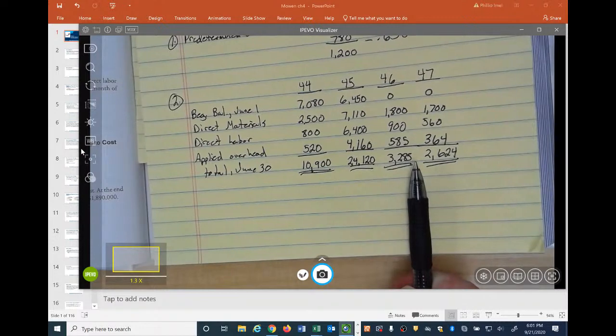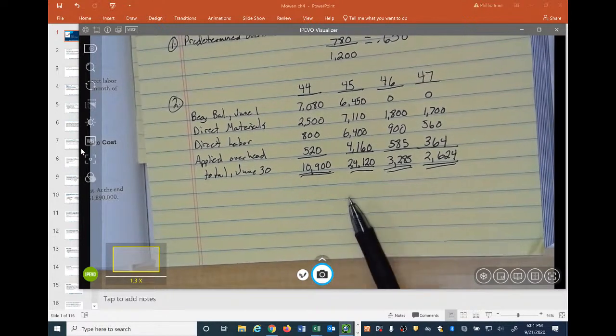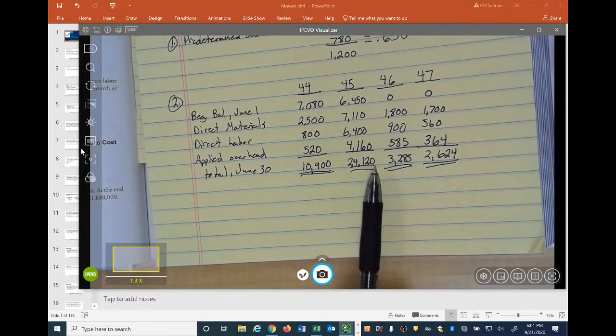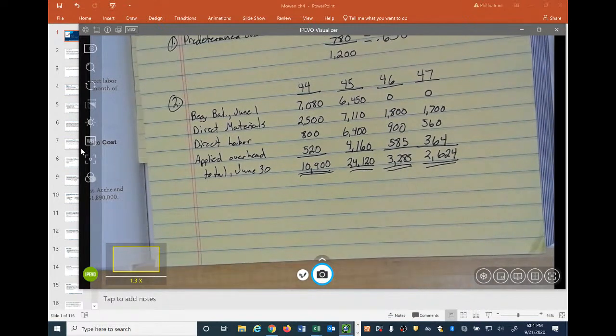Everyone good on that? Because we removed jobs 44, 45, and 47, 46 still remains. So that's the work in process, the ending balance as of June 30th. Everyone good on that? Pretty simple, right?